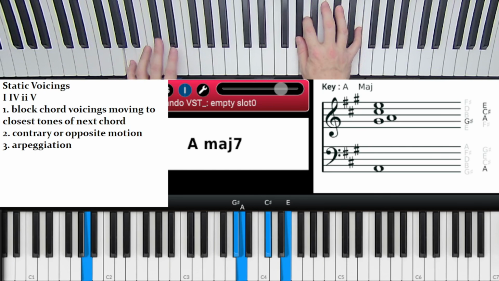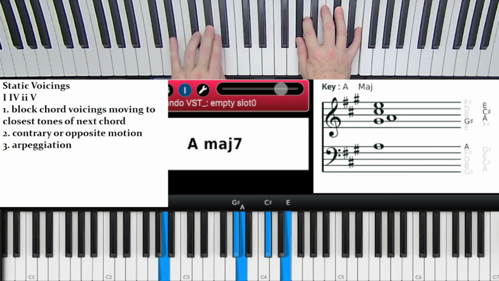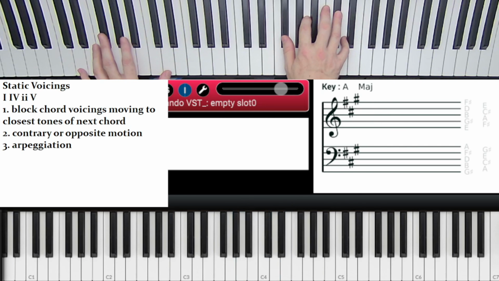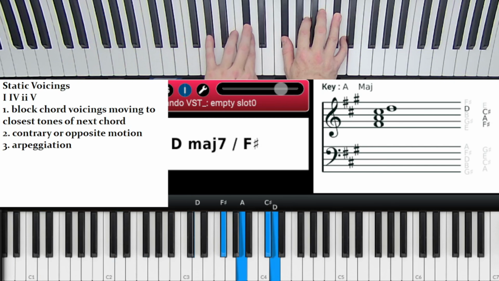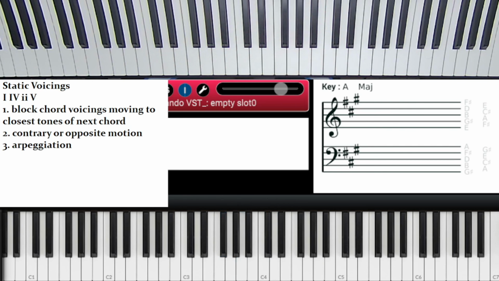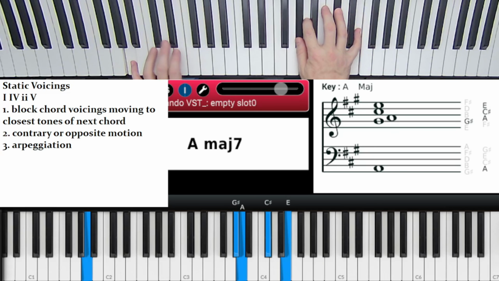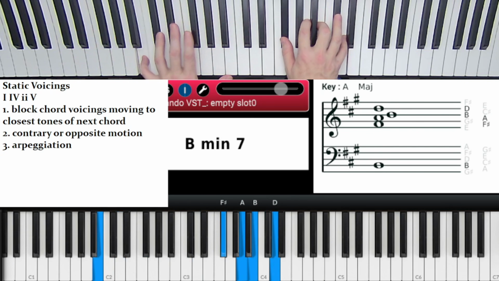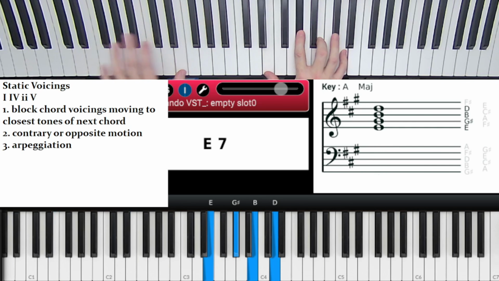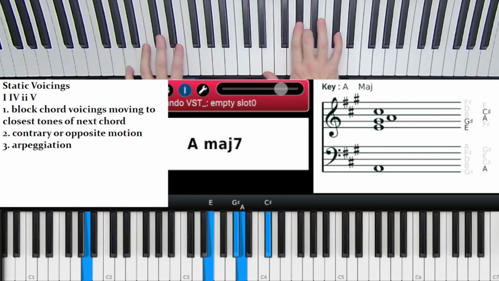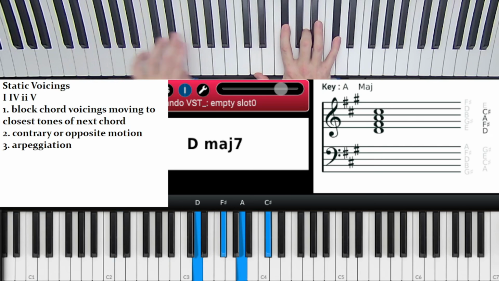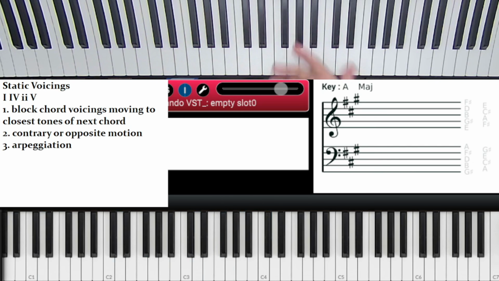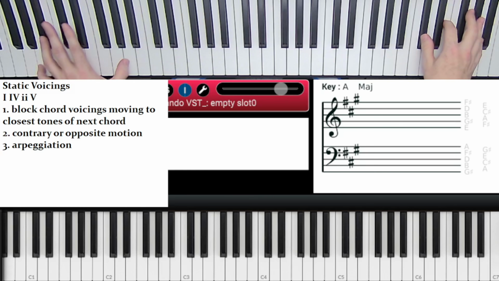So you can arpeggiate using the sevenths like that. Okay. There's no rule that says you can't use the seventh in your arpeggios. So I do this 4, 2, 5. So you could use these sevenths in the arpeggiations.